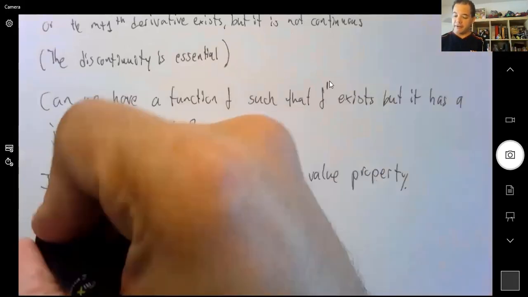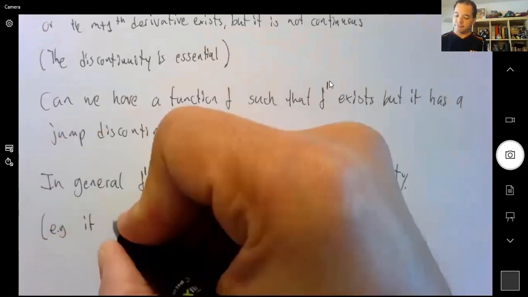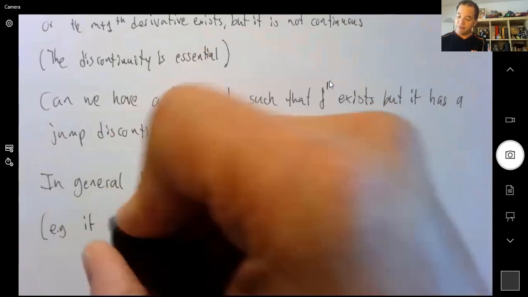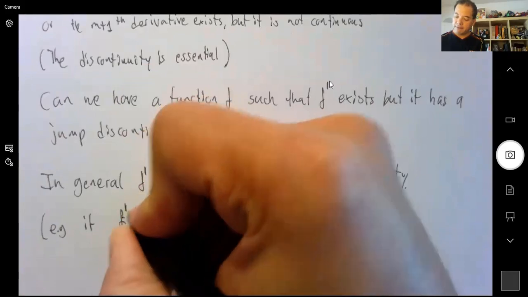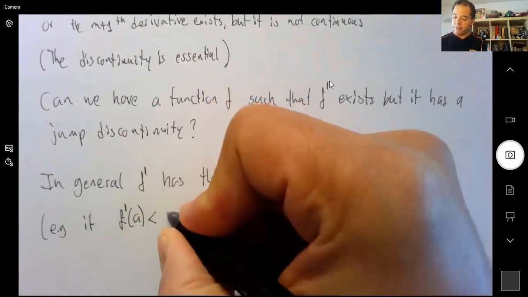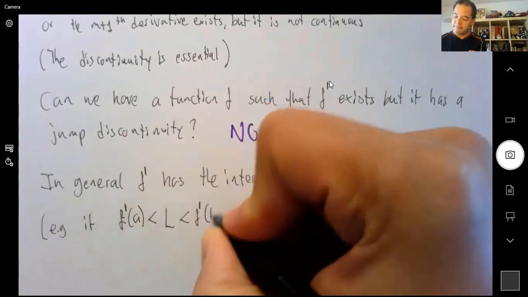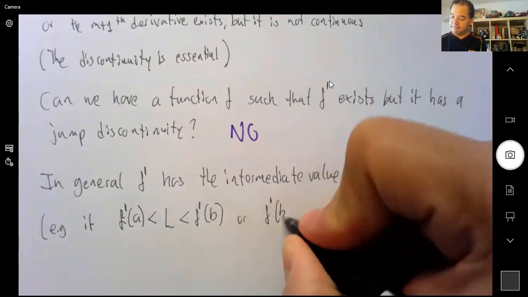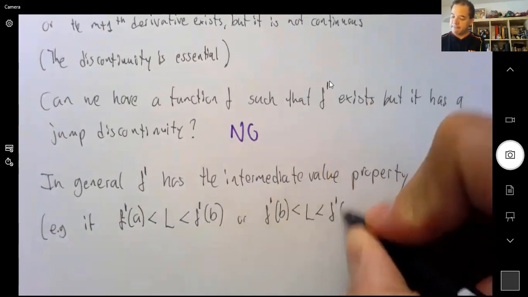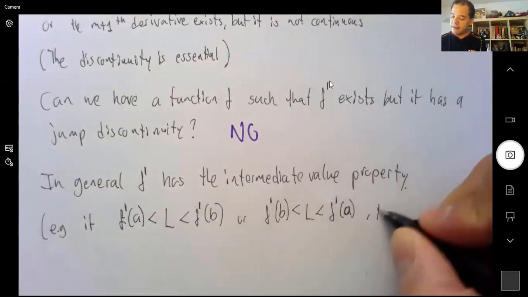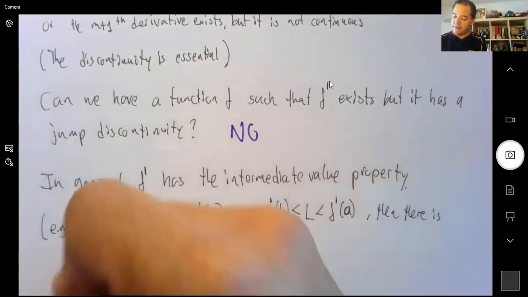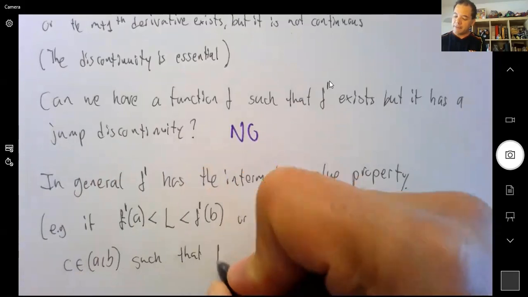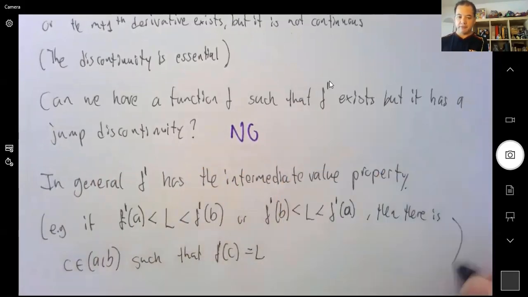So I'll write it here. E.g., if you have two values such that they sandwich some other number, or the other way around, then there is some number C between A and B, such that f prime of C equals L, right?